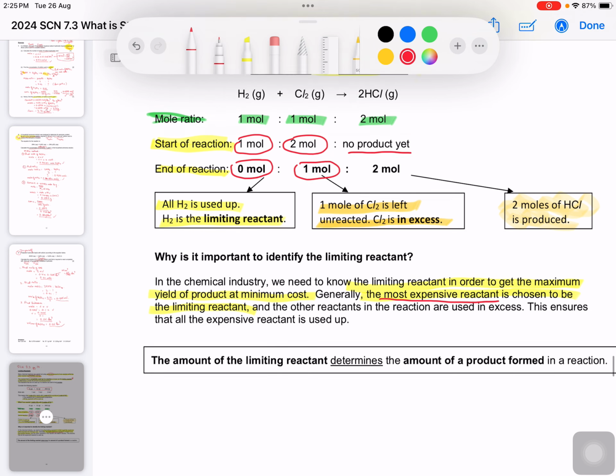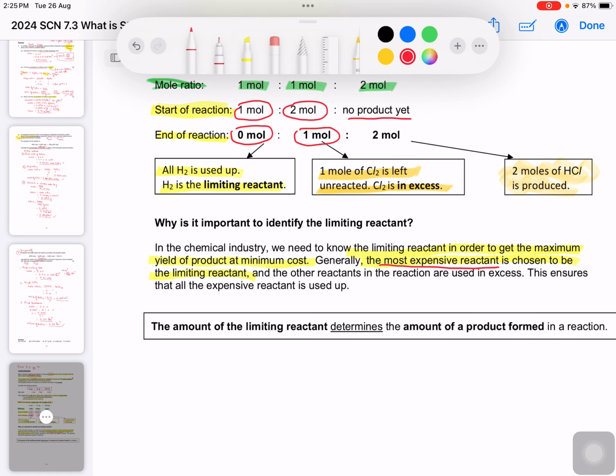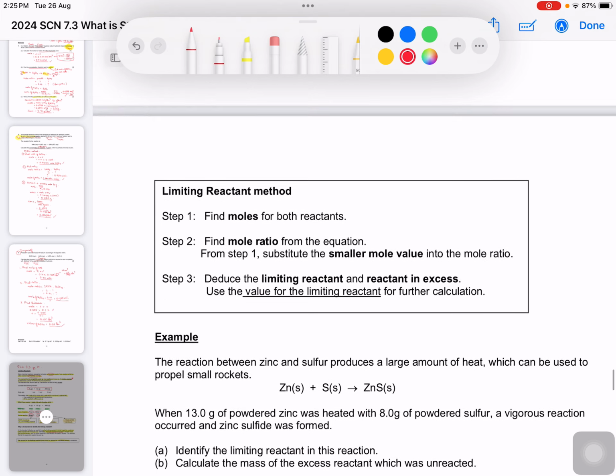Right. Now, as we said already, the amount of limiting reactant will determine the product. How much product you get depends on how much limiting reactant you use, right? Okay, next.